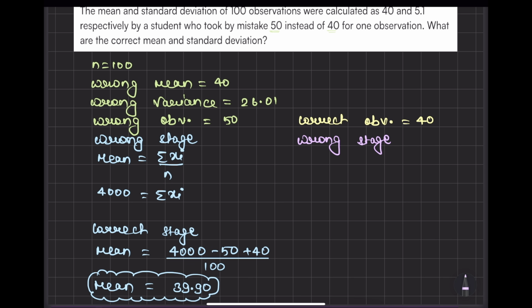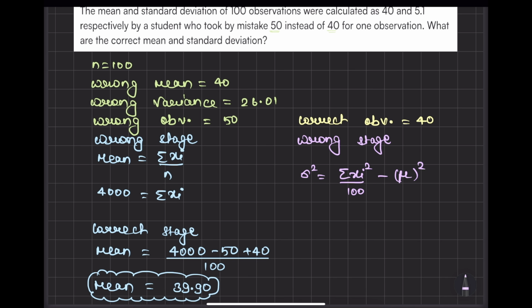I am talking about the variance. Variance will be the summation of xi square, the wrong summation, divided by 100, minus the wrong mean square. So this is the wrong stage. All the time you are having wrong things.